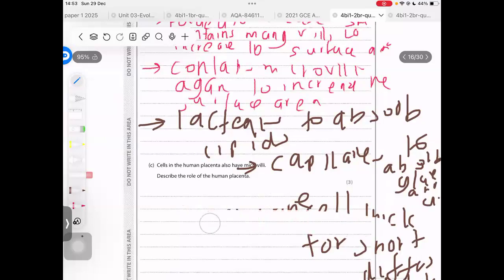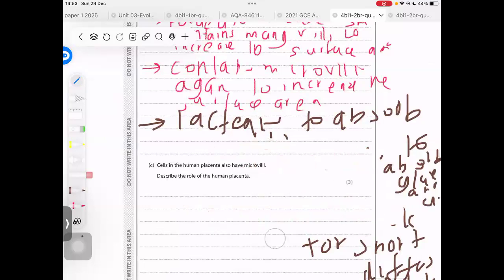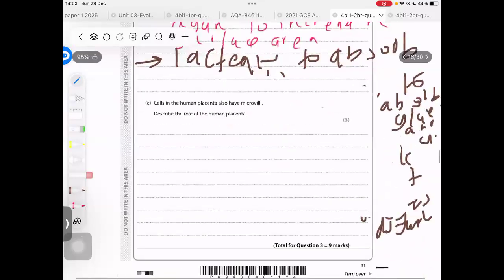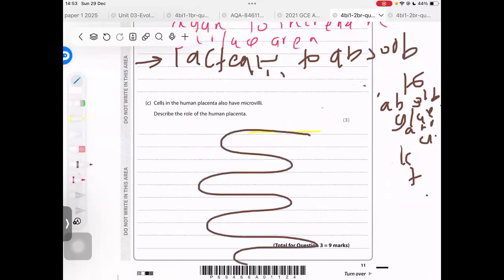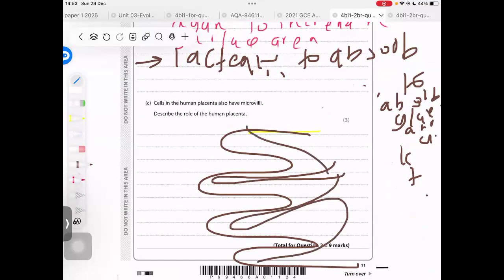Then you can see cells in the human placenta also have microvilli. Human placenta looks like this. In the human placenta, there are umbilical capillaries like this, formed from the umbilical arteries and the umbilical veins.